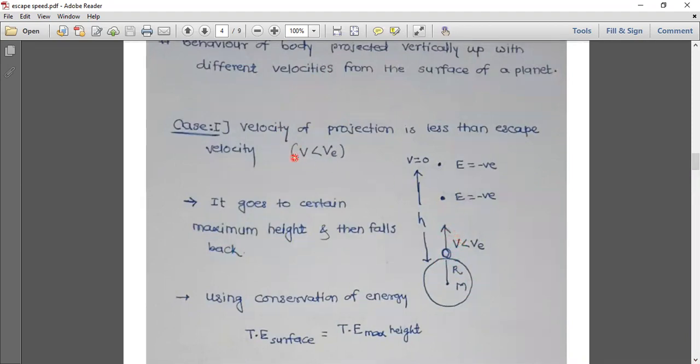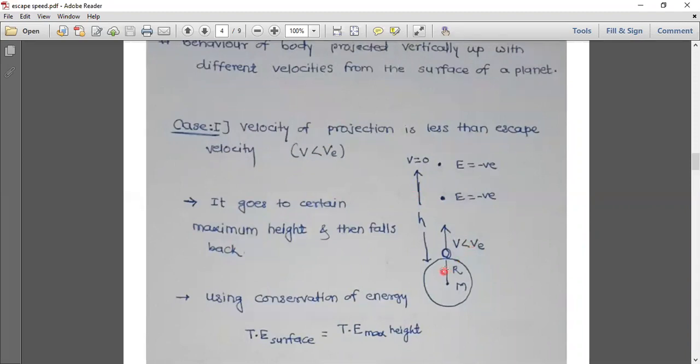In the first case, the velocity of projection is less than the escape velocity. Okay. So when you are launching any satellite, assume you are launching one satellite from the Earth's surface, and you have kept its velocity less than the escape velocity, then what happens with that satellite, how does it behave, how much height will it go, and all these things, right?